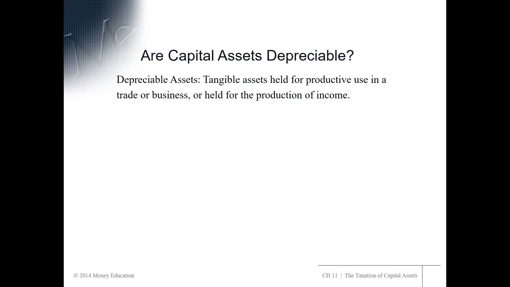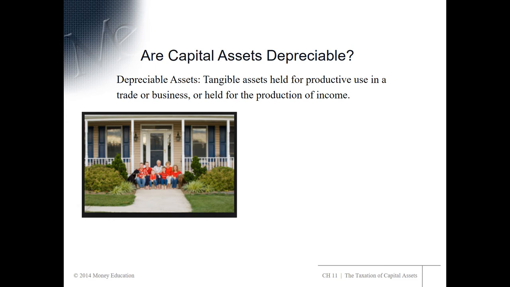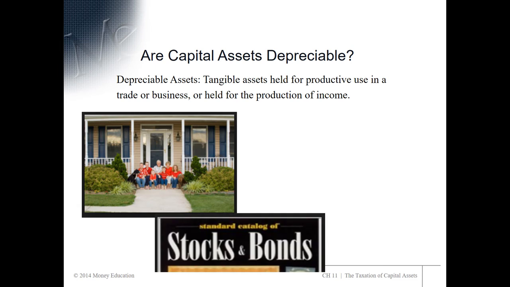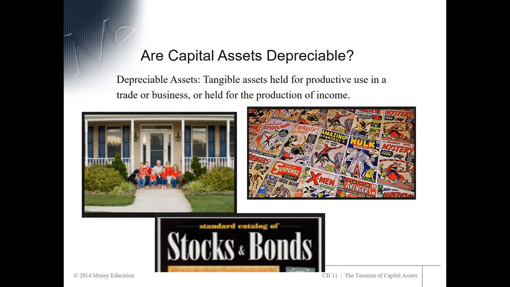And are capital assets depreciable? We've recently discussed depreciation. Now here's what depreciable assets are: tangible assets, meaning you can touch them, held for productive use in a trade or business or held for the production of income. So your home, stocks and bonds, we said are examples.